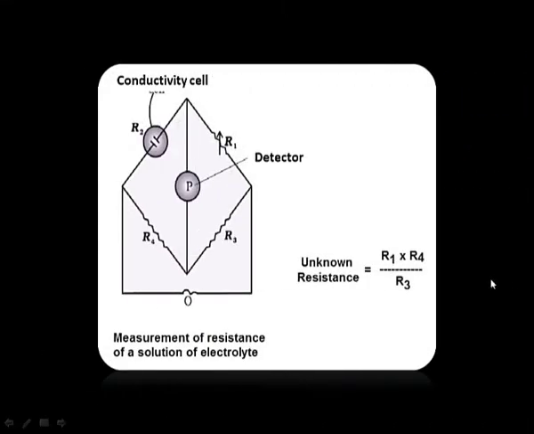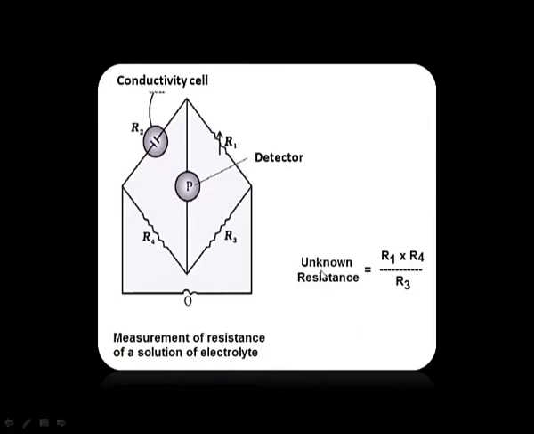Now, we have again shown this circuit here. We have a detector which is a galvanometer. We have R1, R2, R3 and R4, and here we have a conductivity cell for which we are determining conductivity. So, that is, we are measuring the resistance of a solution of electrolyte.